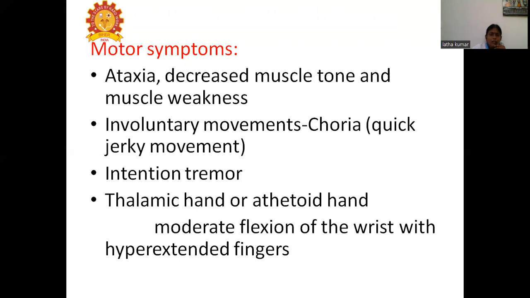And the next one is the thalamic hand or athetoid hand. Thalamic hand refers to abnormal posture of the hand occurring in patients with thalamic syndrome. It is characterized by moderate flexion of the wrist and hyperextended fingers.